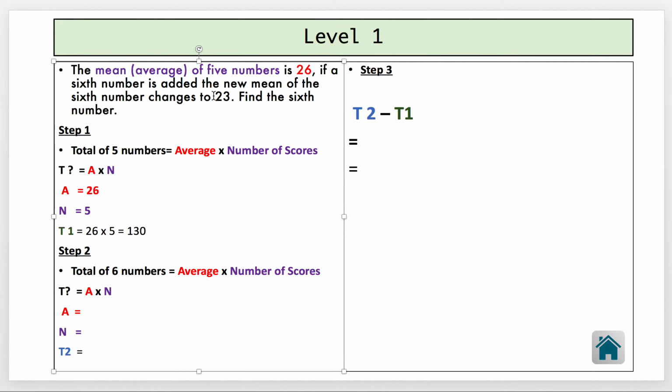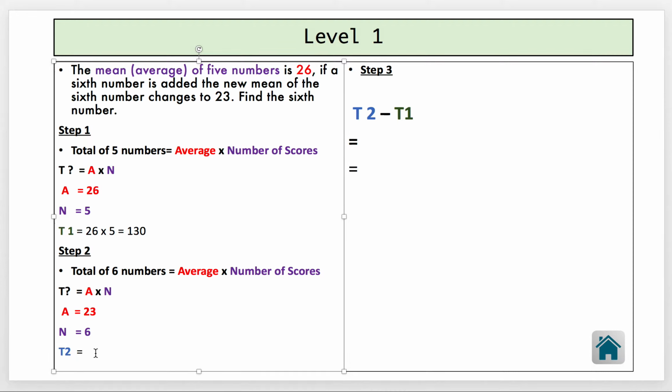Now we're going to do the second part. Again, we're going to look at the total of the 6 numbers. So let's look at our 6 numbers. Our average here is now 23, and the number of scores is, you guessed it, 6.